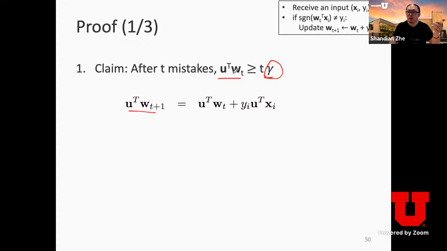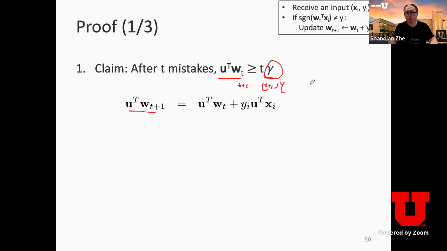So this is our induction assumption. We want to use this assumption to derive the same conclusion at the next step, meaning that we want to prove that U transpose Wt plus 1 is no less than t plus 1 times gamma.